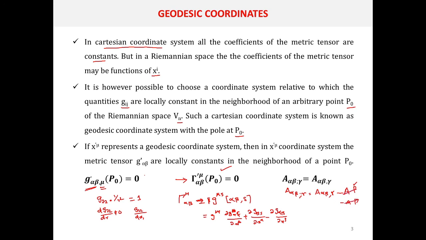So the covariant derivative will be simply equal to the ordinary derivative. These conditions are very important. We will make use of them while deriving Einstein's field equations. That is, the Christoffel symbol of the second kind is 0, and the covariant derivative of a tensor is equal to the ordinary derivative in the case of geodesic coordinates. Okay, thank you.